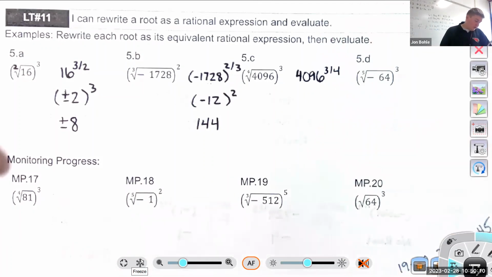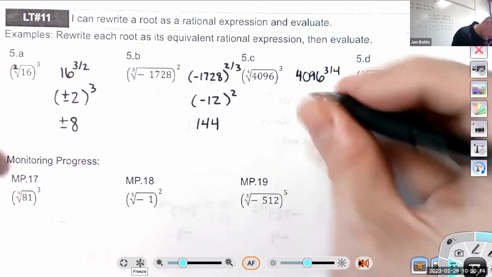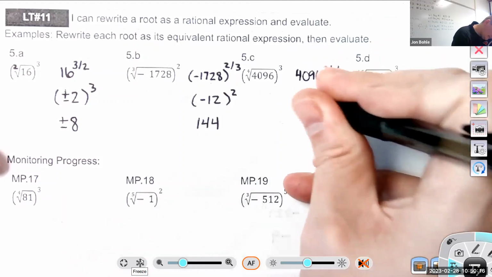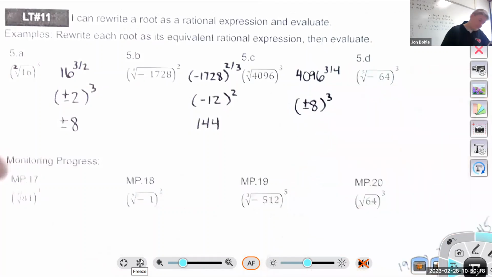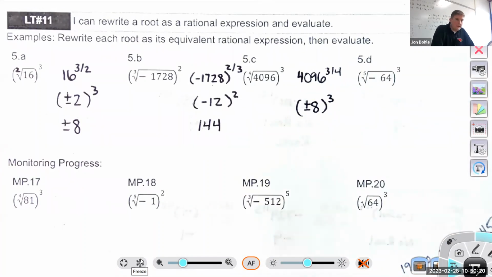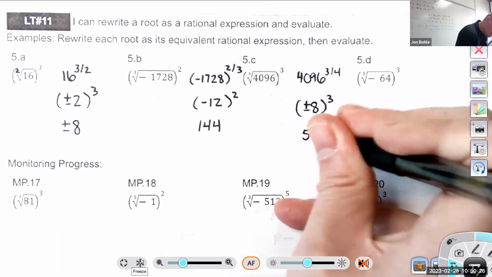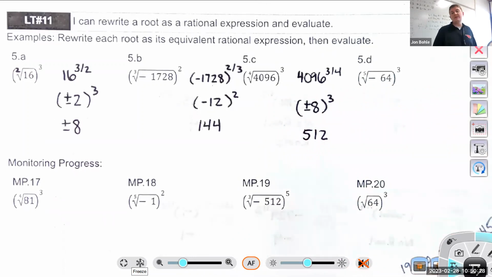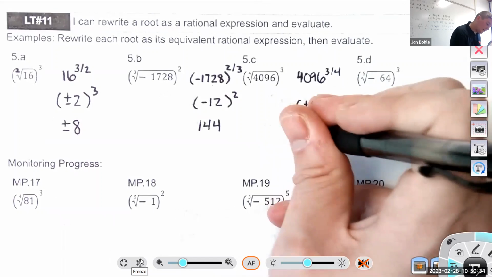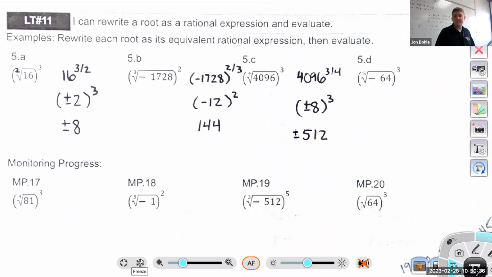So then I have to find a fourth root of 4,096, which is 8. And then 8 to the third power. So now it's a question of plus and minus, just positive, or just negative. Plus and minus. Both.